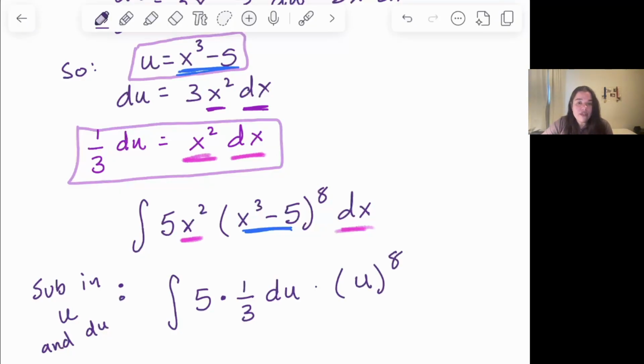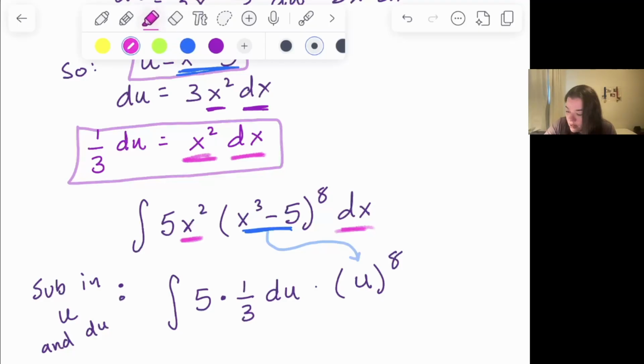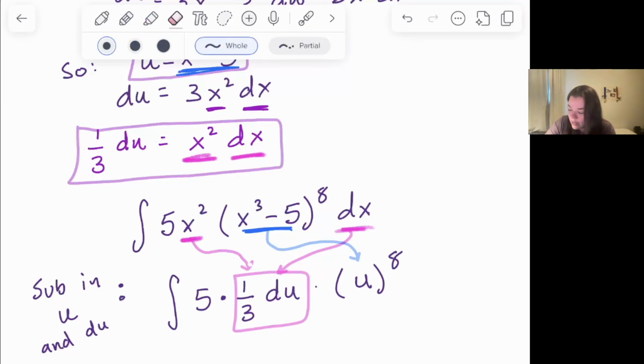So hopefully you've seen where all the substitutions have come from. I'll try to show. x cubed minus 5 got replaced by u. And then the x squared dx part got replaced by that entirety of the 1/3 du. Everybody got substituted out.